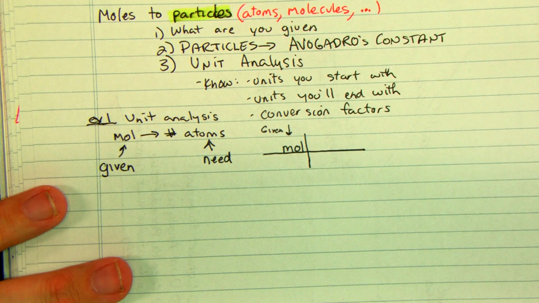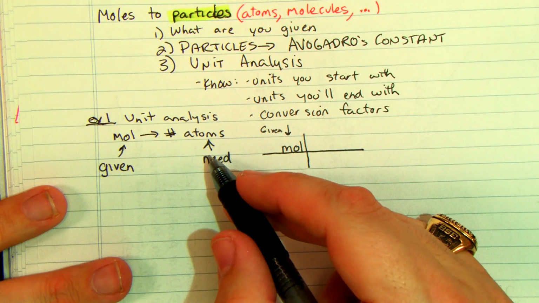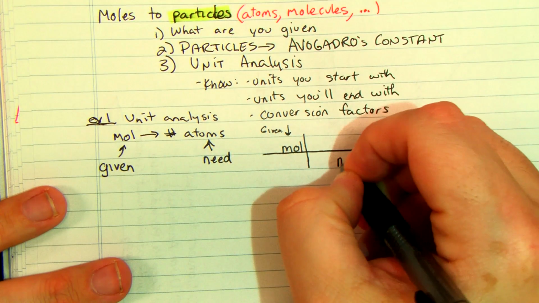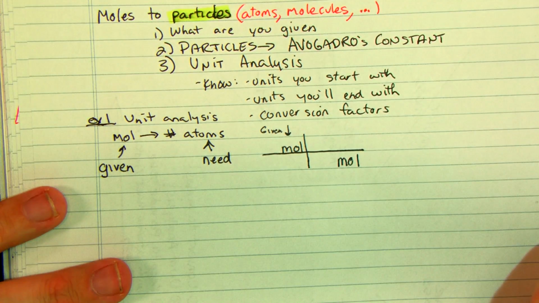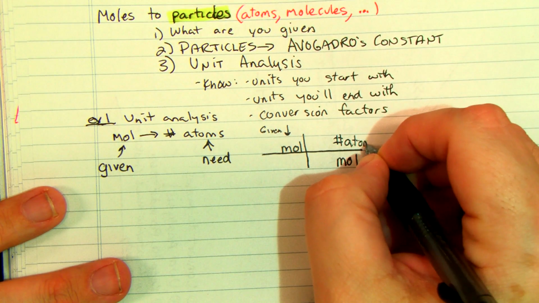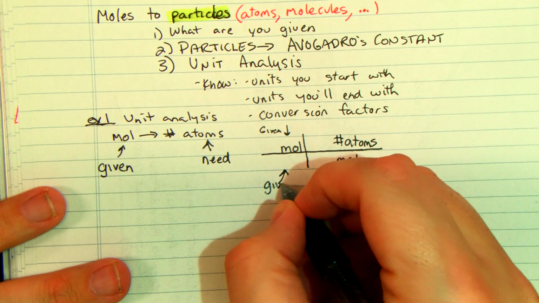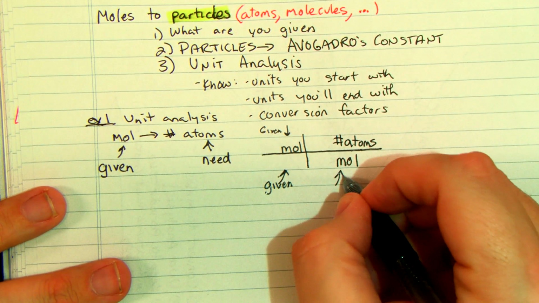We can treat units like variables in algebra. So if I have moles up here, do I want to end up with moles? No. So I'm going to put moles down here, and then up here is going to be number of atoms. And so this is my given. This is my conversion factor.